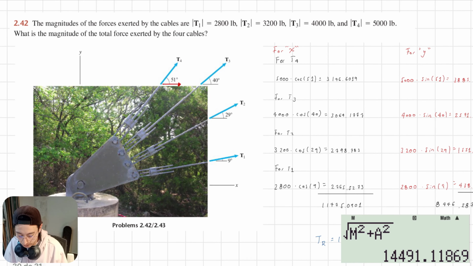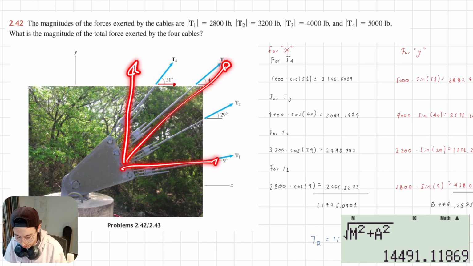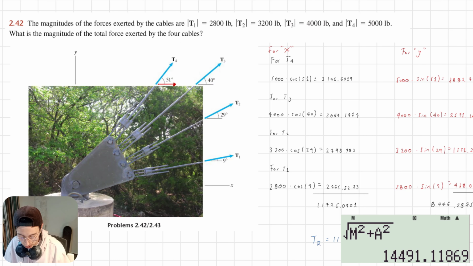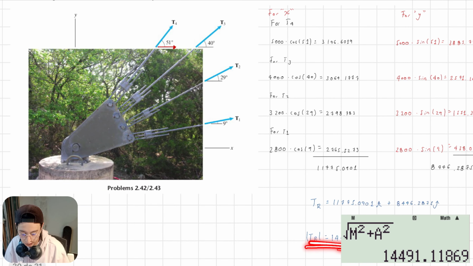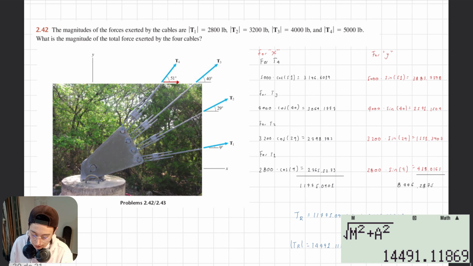The important thing is that the resultant vector has this component along the x-axis and this other along the y-axis, and finally the final magnitude. Alright guys, once again, this is how you can solve this exercise.